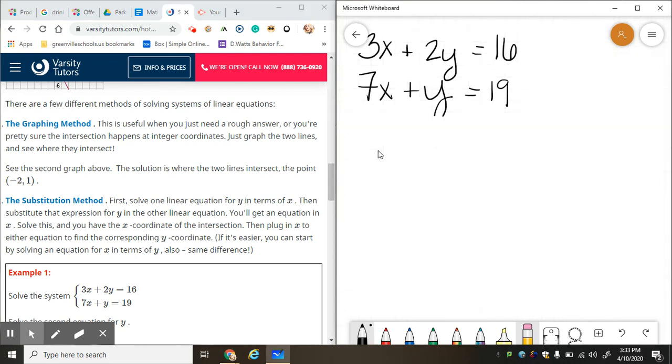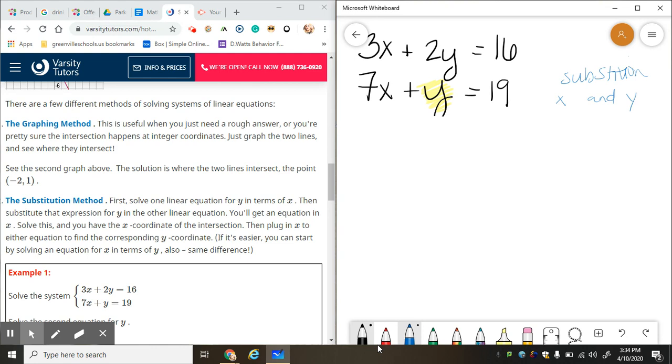With the substitution method, I'm going to try to solve for a letter. And I can see out of both of these that y is already by itself. The whole idea of the substitution is to get x and y by themselves. But first of all, I have to make one of these by itself.